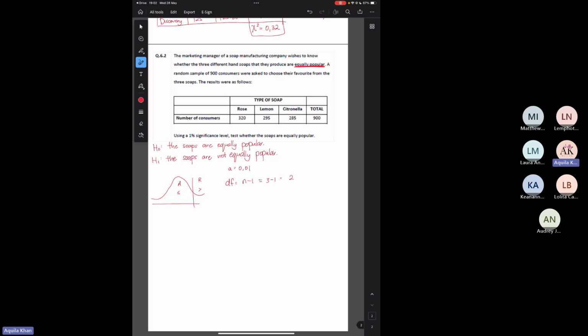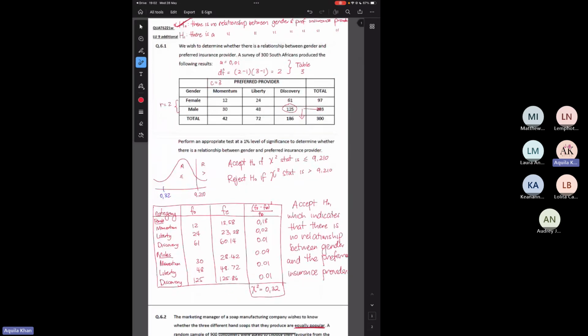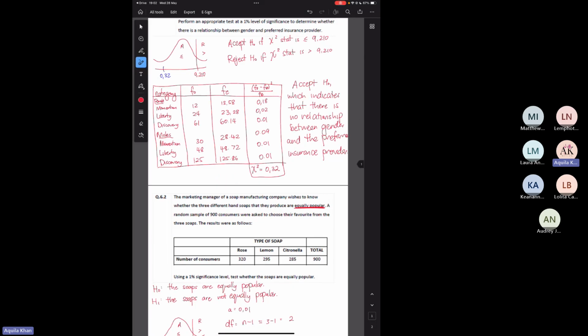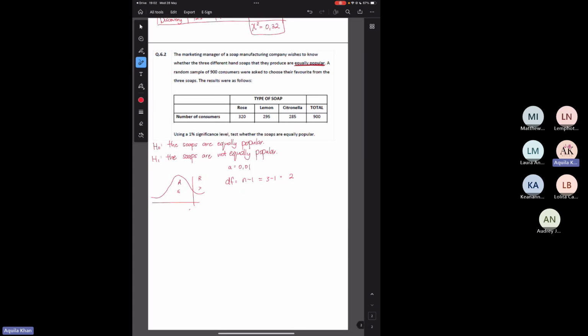So it's actually the same critical limit that we used in the previous question, because this was also a degree of freedom of 2 and a level of significance of 0.01. So we're not going to skip to the table because we know that it's the same value of 9.210. So now to write that out in words, you will say, accept the null hypothesis if your chi-squared statistic is going to be less than or equal to 9.210, and your rejection region will be where?